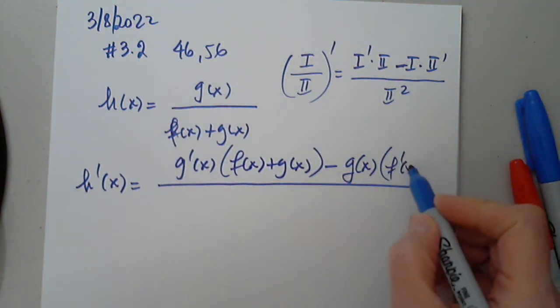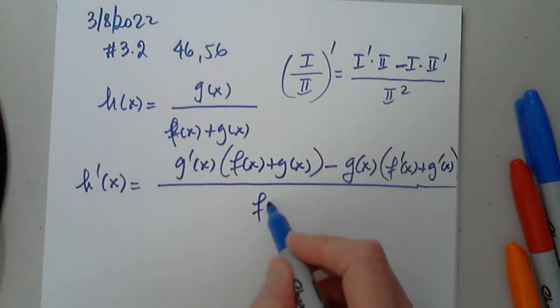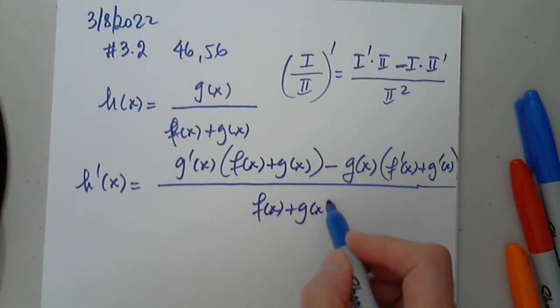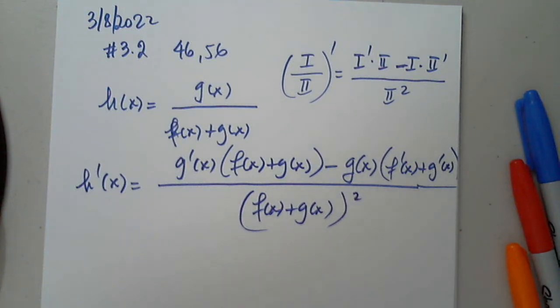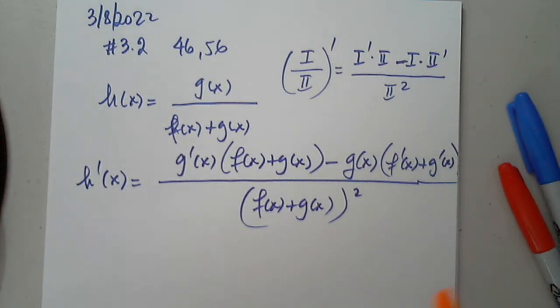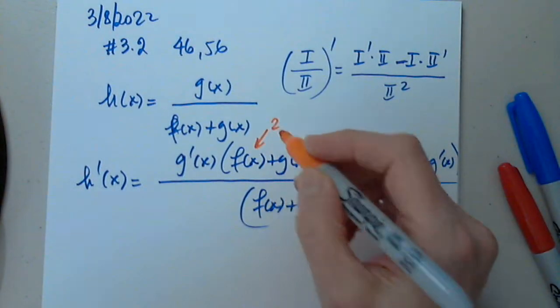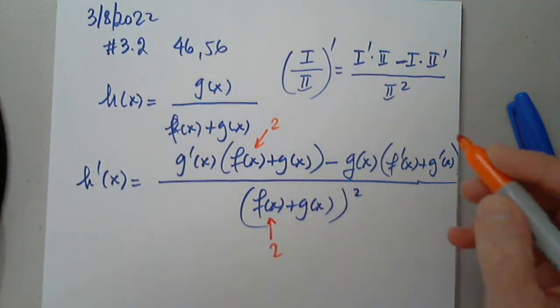So this is f prime of x plus g prime of x over f of x plus g of x, everything squared. Now, all I have to do is just copy those numbers. So back to the problem, I'm given that f of 4 is 2. So this will be 2, and this will be 2.